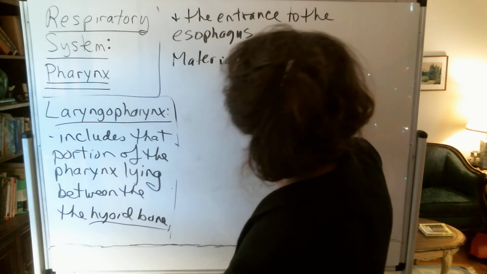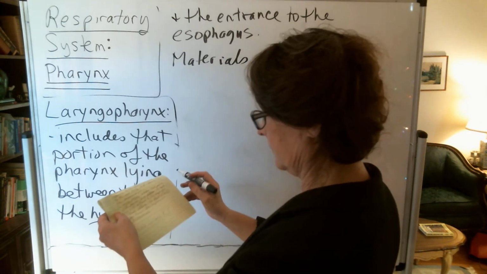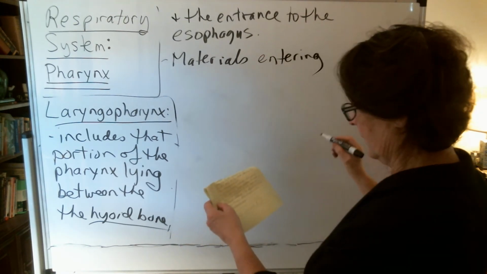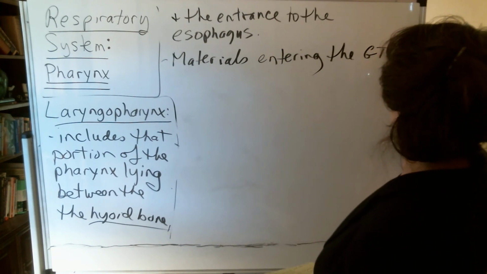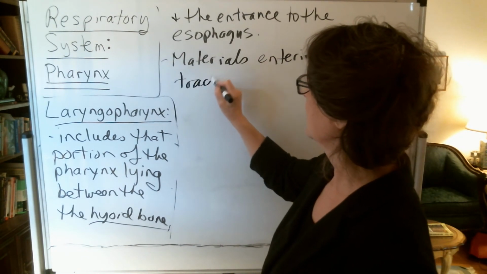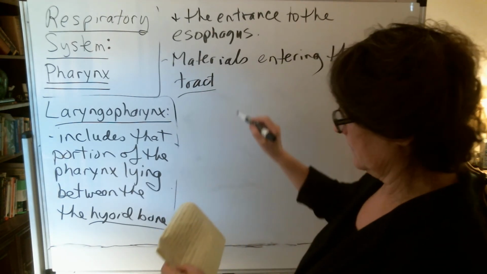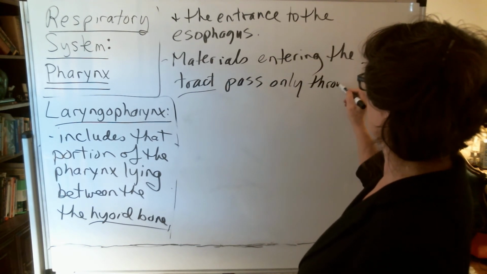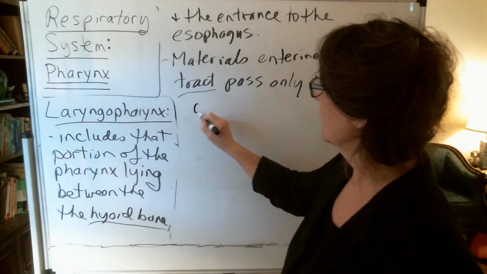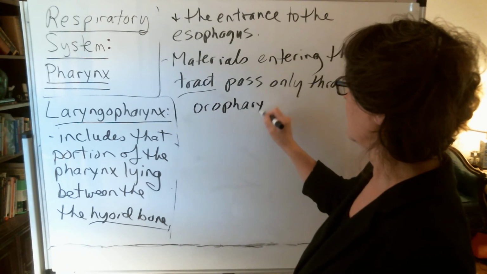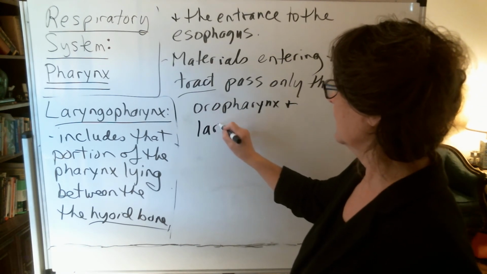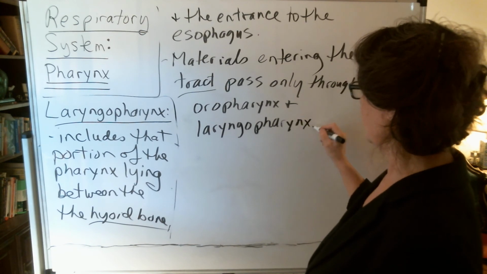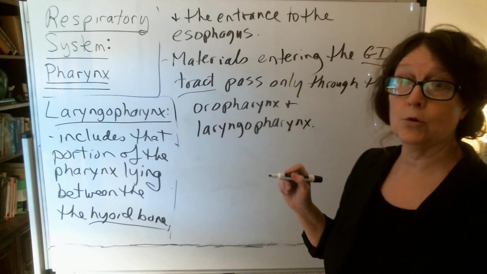So materials then entering the GI tract pass only through the oropharynx and the laryngopharynx, which is to say you cannot ingest your food through your nose.